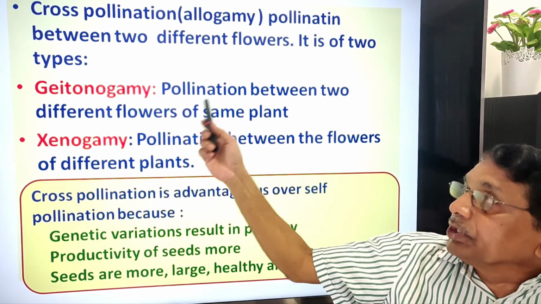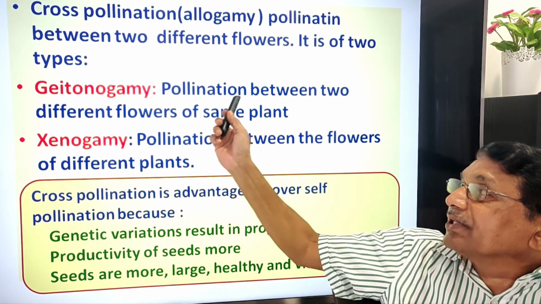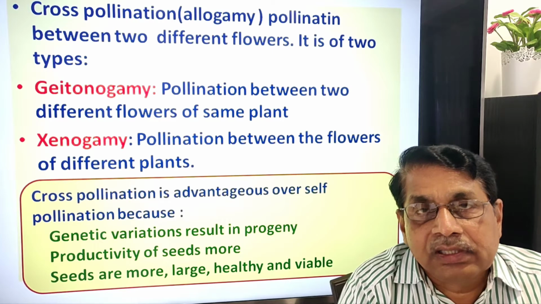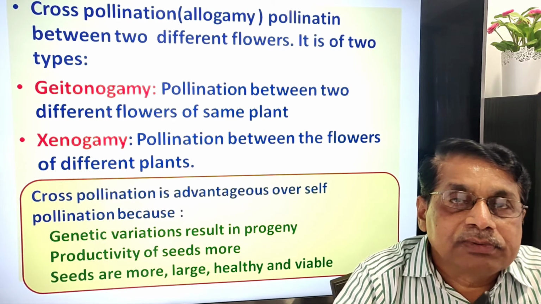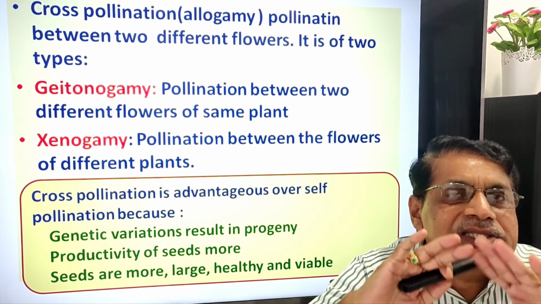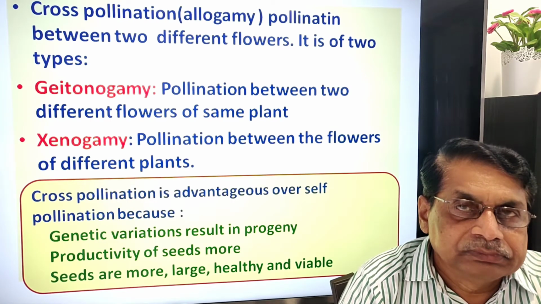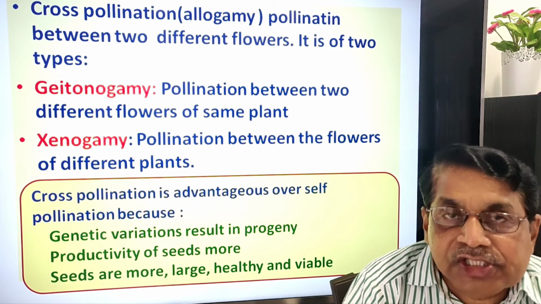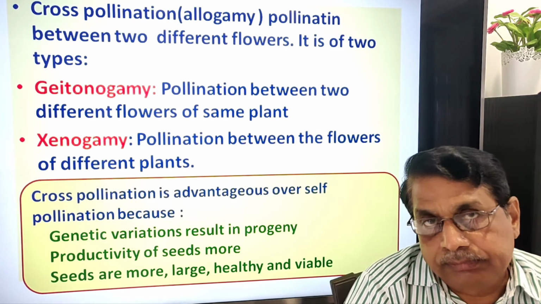Geitonogamy, pollination between different flowers of the same plant. Plant is same, flowers are different. The pollination takes place between the different flowers of the same plant. That is called geitonogamy.